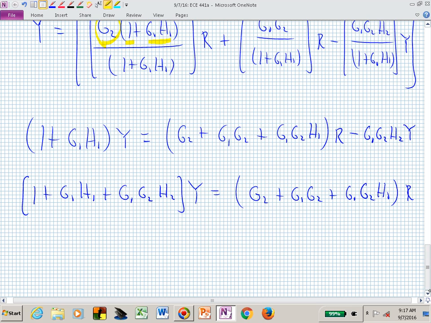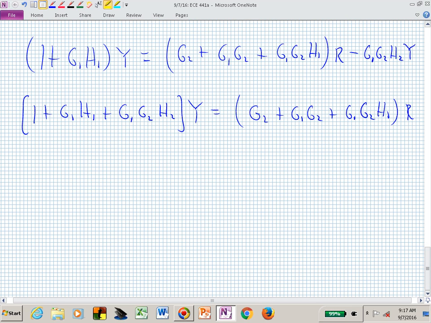Yes, so it gets a little bit ornery in terms of trying to keep track of all of your terms, but now we can write down T of s, which is Y of s over R of s.